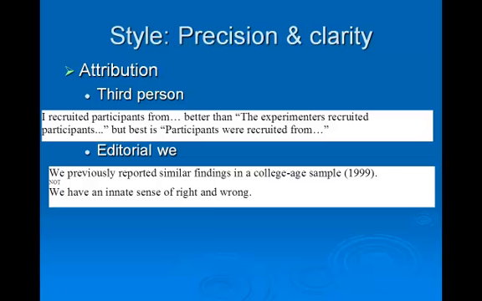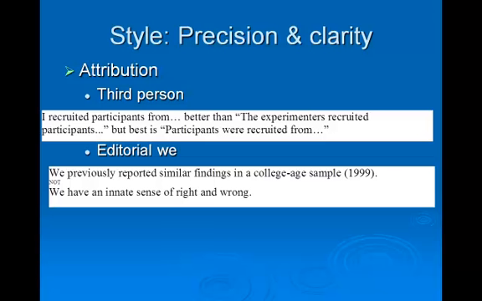But you could say something about what you previously found, if you're talking about you and your fellow researchers. But you don't write stuff like, "we have an innate sense of right and wrong," because it's not precise. Because people are like, you're talking about me and you? Are you talking about all people? Are you talking about you and the author and his collaborators?